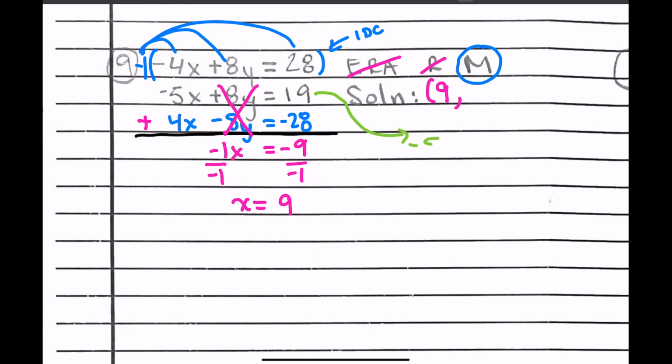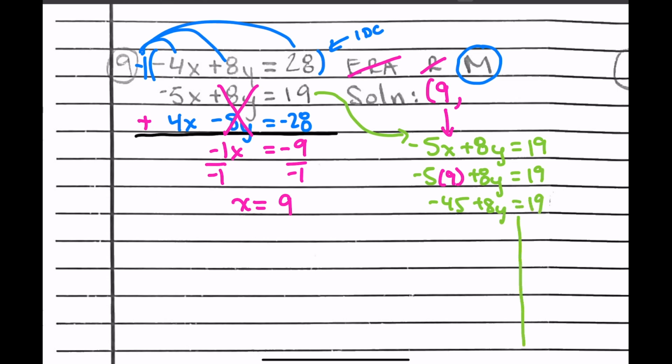So I got a negative 5x plus 8y equals 19, and we know already that x is 9 from earlier, so this gives me a negative 5 times 9 plus 8y equals 19. This gives me a negative 45 plus 8y equals 19.